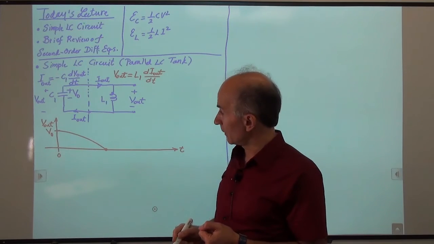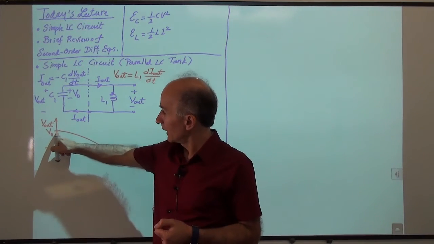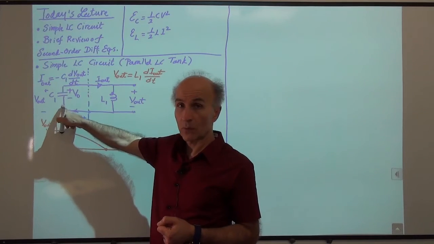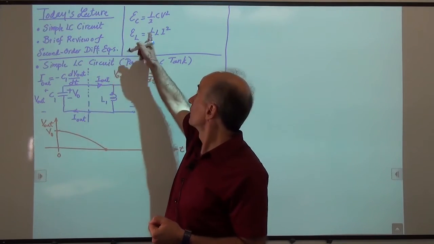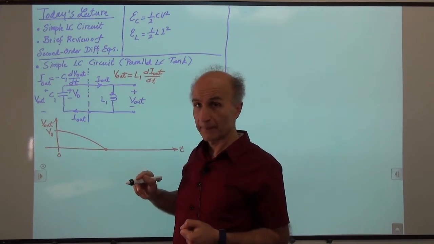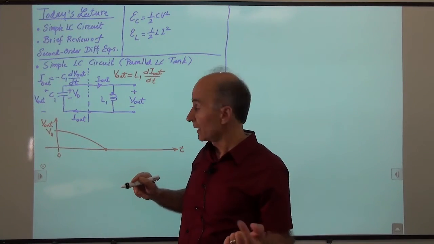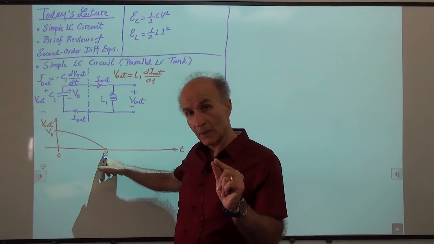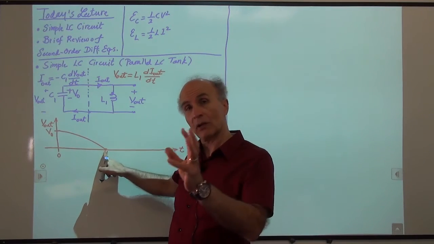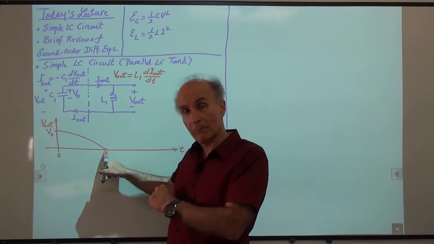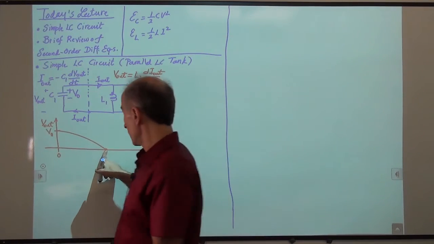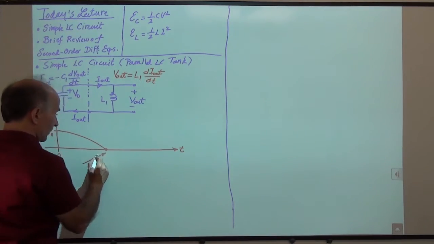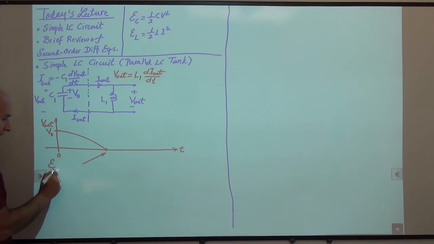Well, what we know is that at this point in time, the energy on the capacitor was 1/2 C1 V0 squared. And that energy cannot disappear. At this point in time, the capacitor has no energy because its voltage is 0. So the energy on the cap is now entirely inside the inductor's magnetic field. So right at this point, the energy of the capacitor is 0, but the energy of the inductor is not.